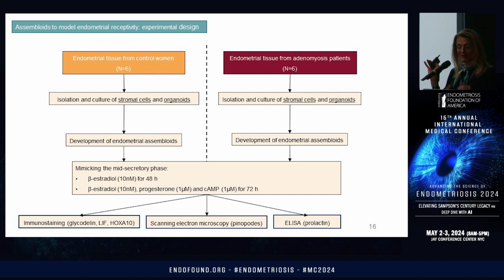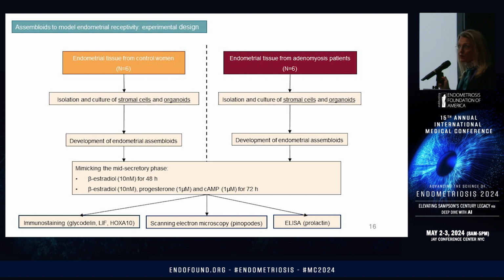We isolate and culture the stromal cells and the organoids, like I showed you, make endometrial assembloids from them, and then try to mimic the mid-secretory phase. So we give these assembloids beta-estradiol in vitro for 48 hours, followed by cyclic AMP and progesterone for another 72 hours.